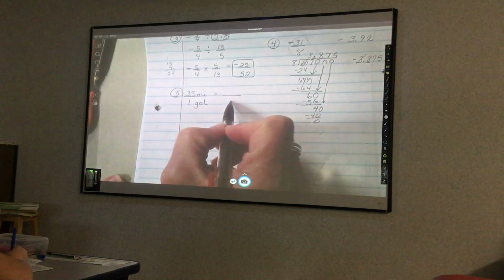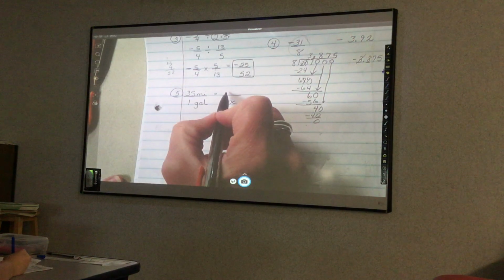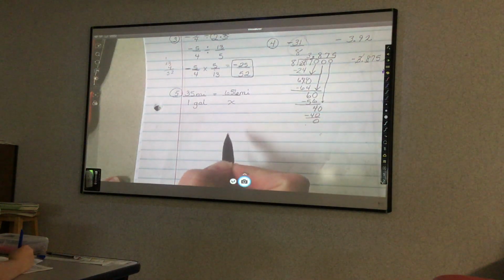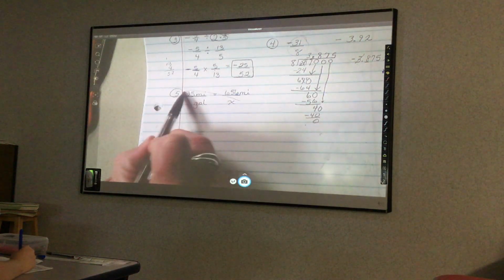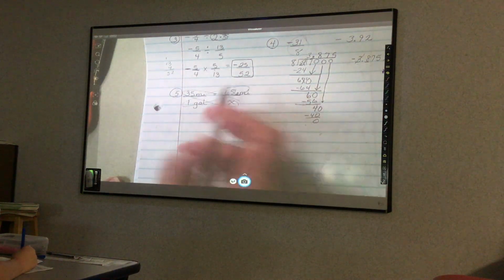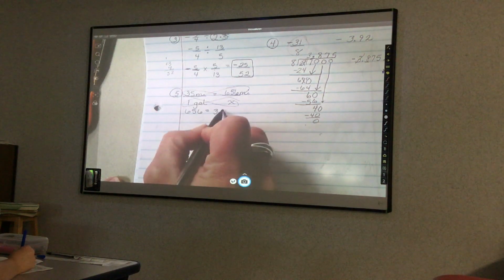So remember, we keep gallons with gallons, miles with miles. So we set it up as our equivalent ratios. We circle going across. So I have 656 equals 35x.